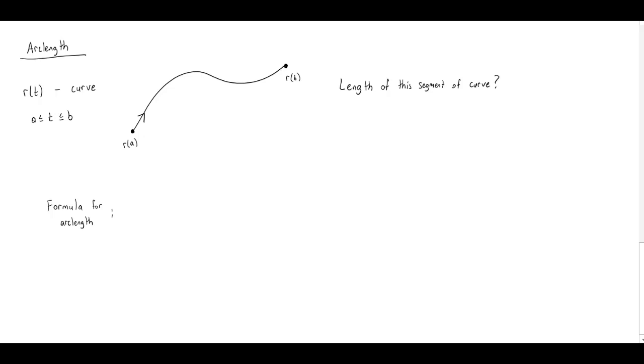You can compute the length of the curve by doing the integral from a to b of the magnitude of the derivative vector, r prime of t, dt. So that will give us the arc length of the curve from a to b, all right?